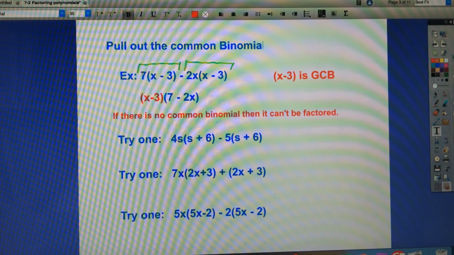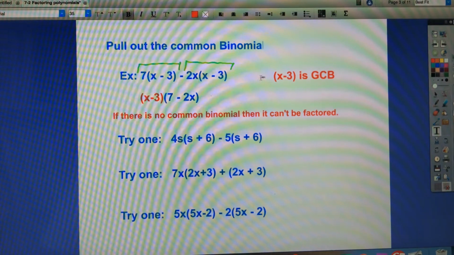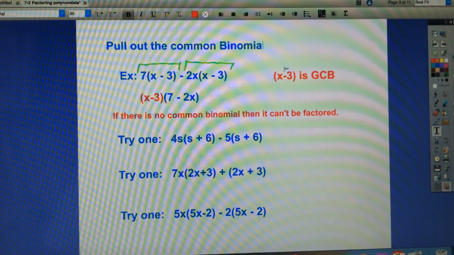And I'm left with 7 minus 2x. If there is no common binomial, well then you can't do this and it cannot be factored. But in this case, x minus 3 was a greatest common binomial.